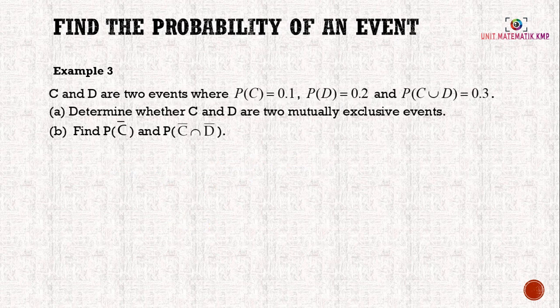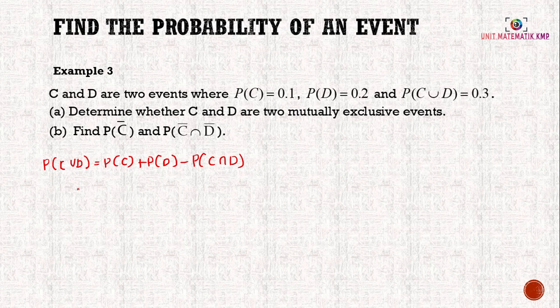Next example. So C and D are two events where P(C) is 0.1 and probability of D is 0.2. Probability of C union D is equal to 0.3. Okay, determine whether C and D are two mutually exclusive events. So dia minta kita identify adakah C and D are two mutually exclusive events. So we will use the addition probability rule. So P(C union D) equal to P(C) plus P(D) minus P(C intersect D).